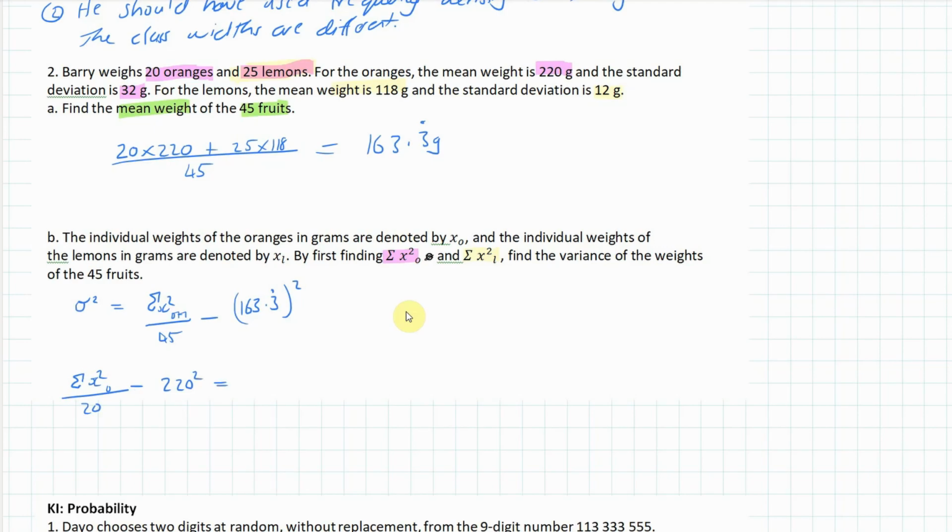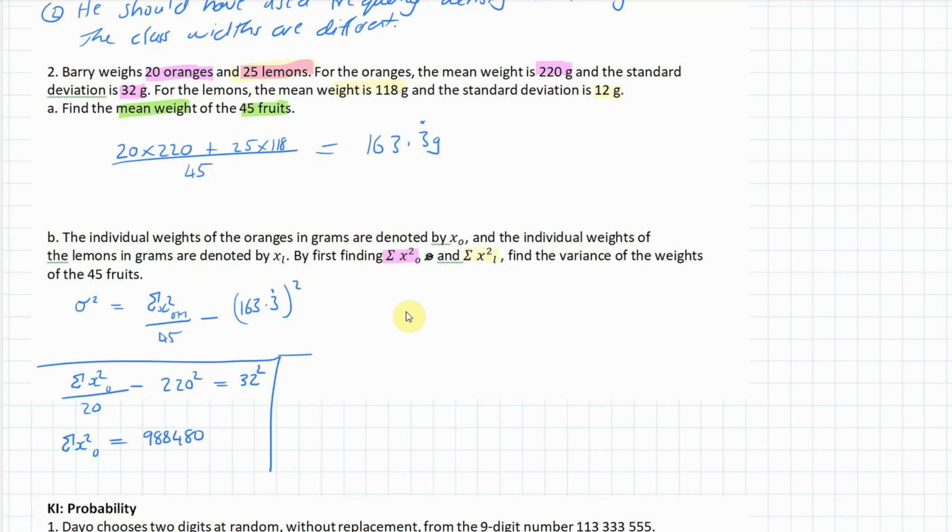Now we know what the standard deviation of the oranges is, that's 32, so the variance would be that squared. And we just rearrange this, and then we can find out what the sum of x squared O is. When I rearrange this, I got 988,480. So that's the oranges.